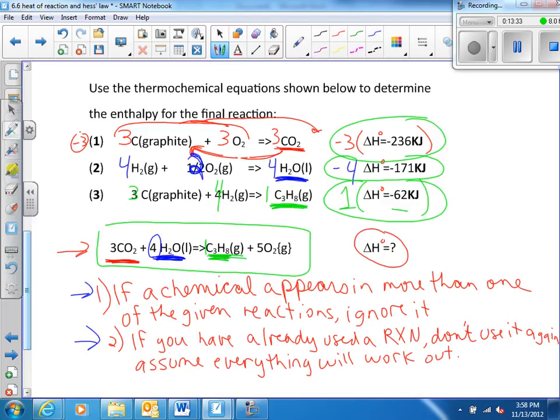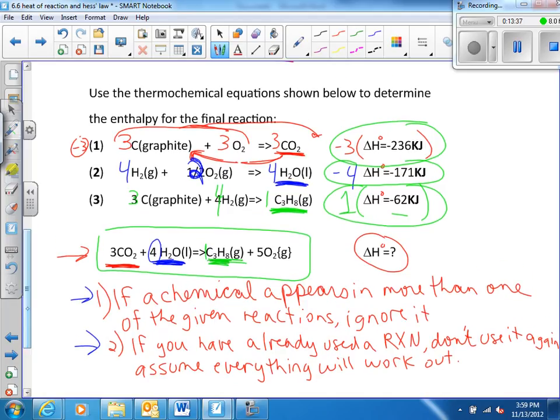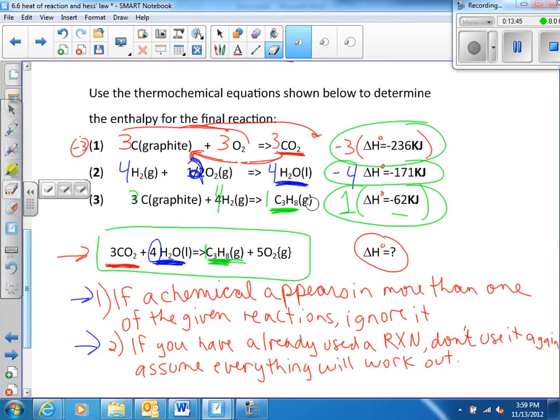So in these problems, you always have to rewrite the reactions with whatever you've done to them. So reaction 1, hang on, I'm going to erase everything that I did in here so you can see what's happening here. I still have the information under the delta H's, what I need to do to each reaction. So I need -3 of reaction 1.